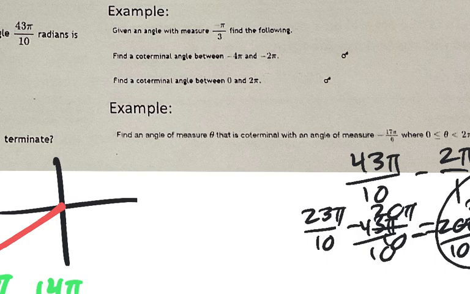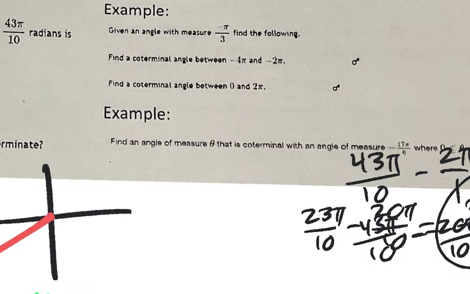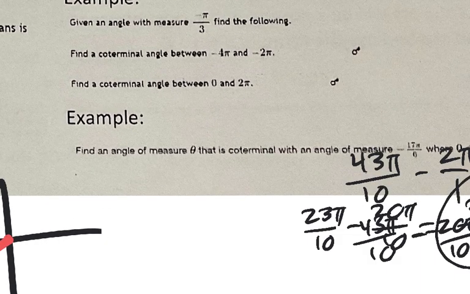Okay, next one. I'm at negative pi over 3. I want to find a coterminal angle between negative 4 pi and negative 2 pi, which means I need to get more negative. I'm not there yet. I'm only at negative 1/3 pi.